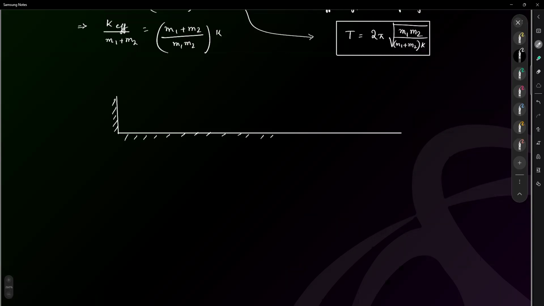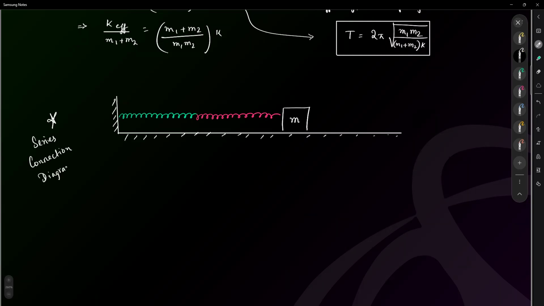One spring is connected here, and the other spring is connected here. They are connected to a block of mass M. This is our main series connection diagram. Yes, because two springs are connected in series.